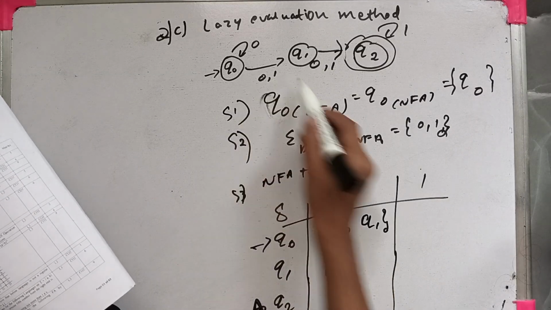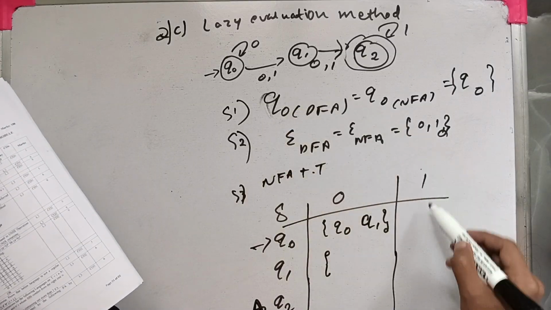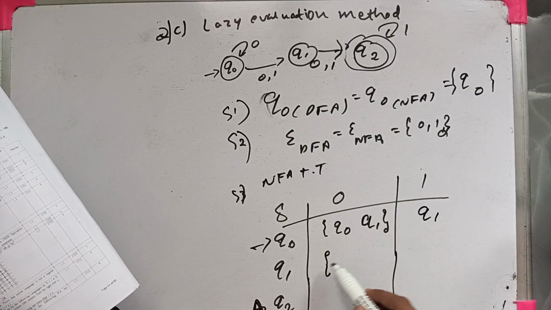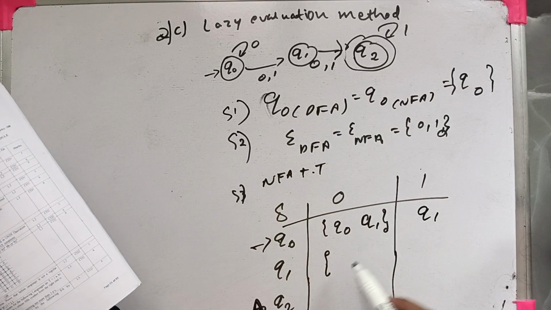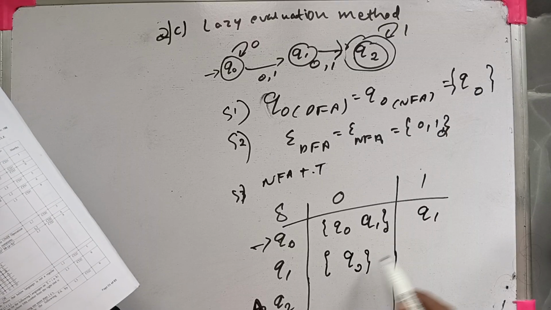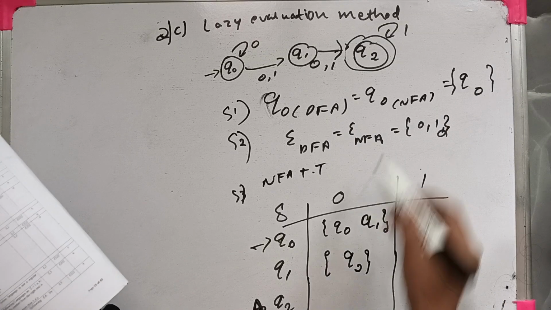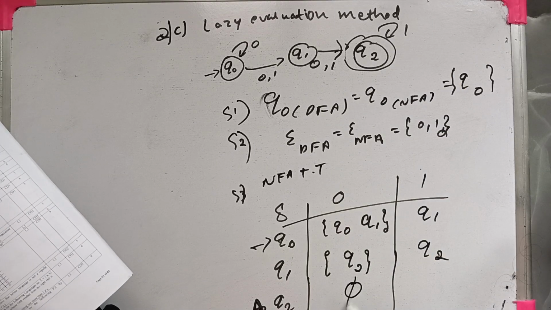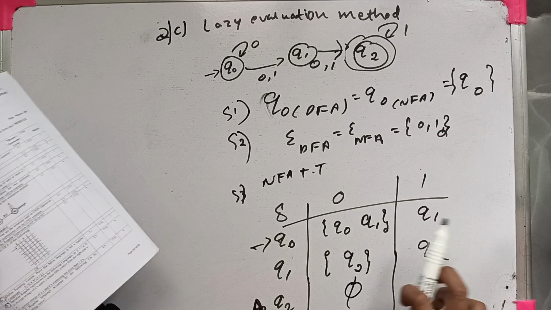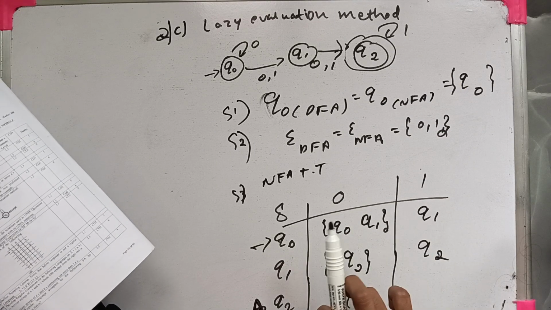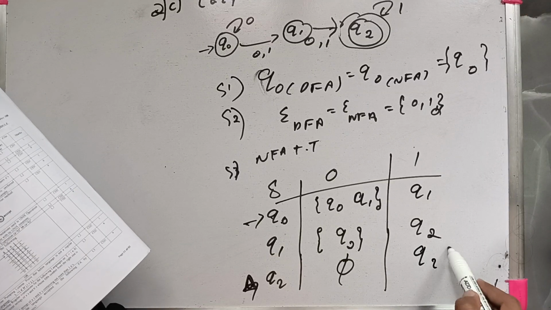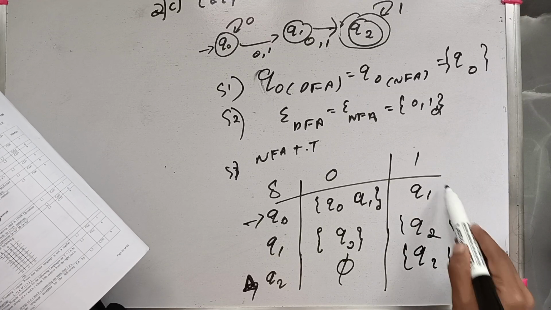Next, for Q0, if 1 comes, then it goes to Q1. Next here, Q1, 0 comes, it goes to Q2 and 1 comes, it also goes to Q2. And in Q2, if 0 comes, then there is no transition. Okay, and if 1 comes, then it goes to Q2 itself. Okay, this is step number 3.